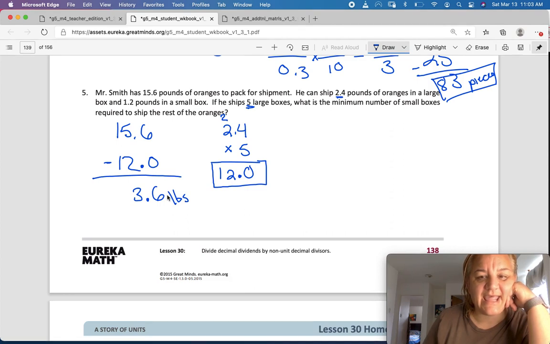Okay? And he can get 1 2/10 pounds in a small box. So this is 3 6/10 pounds divided by 1 2/10 for each box. And I'm going to rewrite that as a fraction.